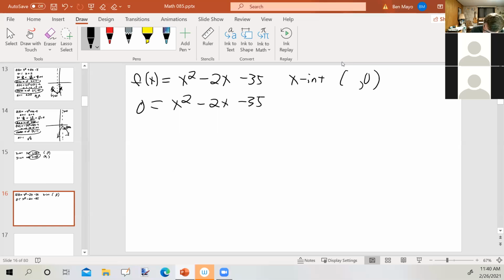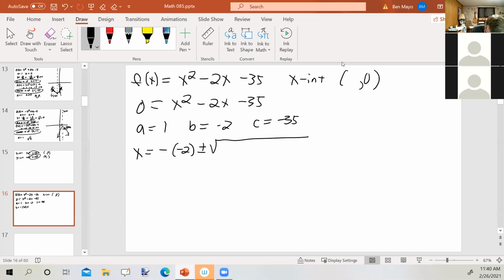Okay, so let's solve this thing. We'll use the quadratic formula. A equals 1, B equals -2, C equals -35. X equals -b plus or minus the square root of b squared minus 4ac, all over 2a.